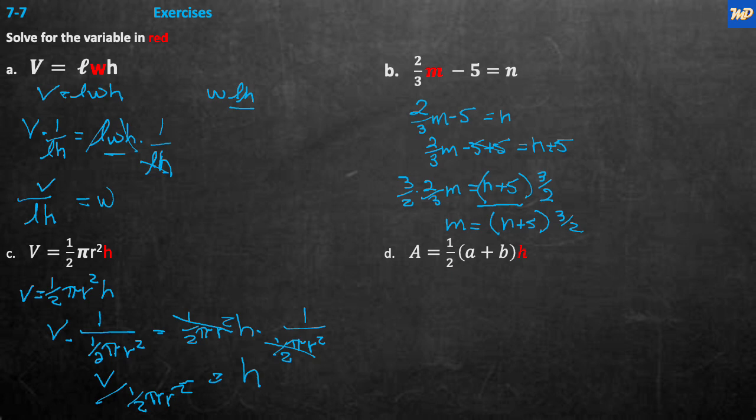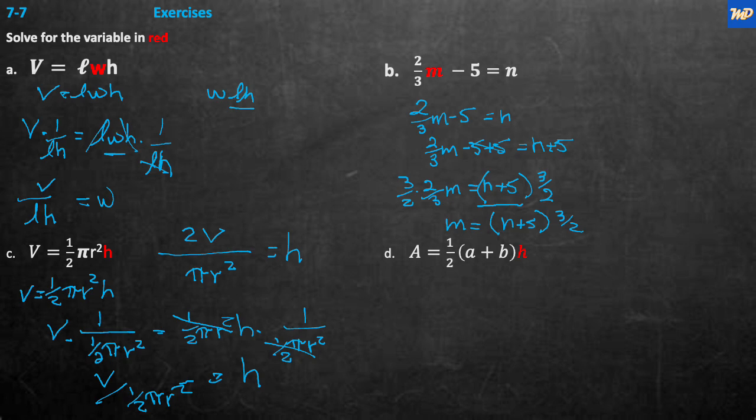So in this case, 2V divided by pi r squared is equal to h. We could have done that. To get the half up to the top, we have to invert and multiply, so you just put the 2 on the top, so it ends up being 2 over 1. So that's the answer to that one.